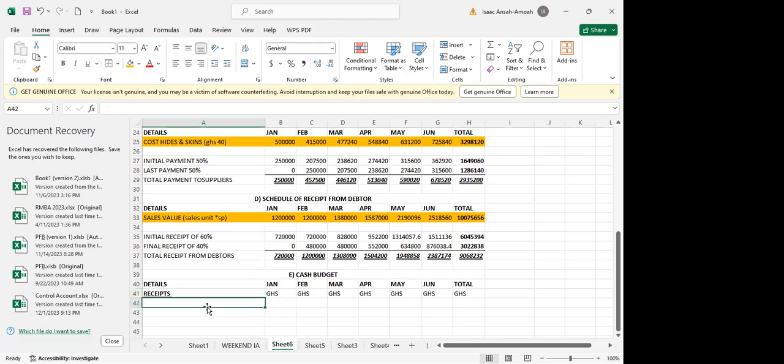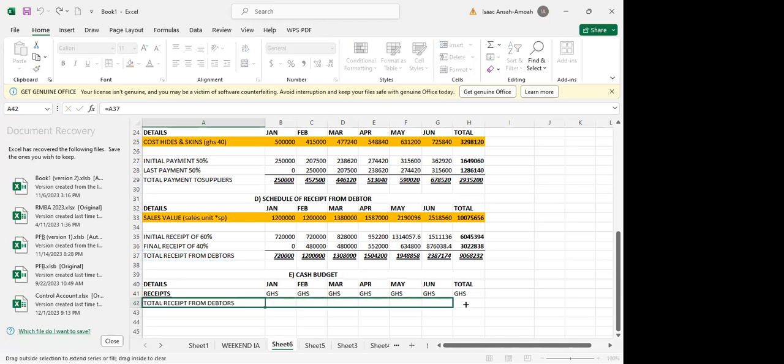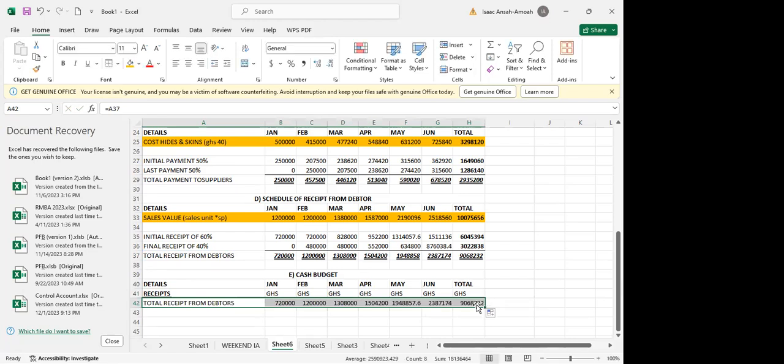So I will just rewrite what I have here. Receipt from debtors. I think I have to just show it as such, and then I put down the figures as they are. If there are any other receipts that have been generated or that will be generated, they come here.